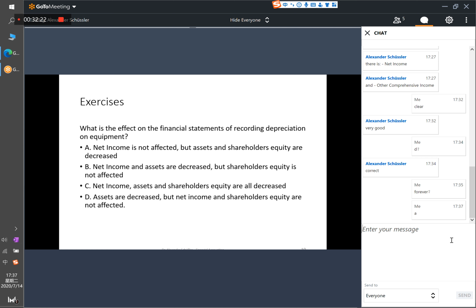Okay, we're talking about depreciation here. Assets and shareholders' equity are decreased. Assets go down, and shareholders' equity also goes down.